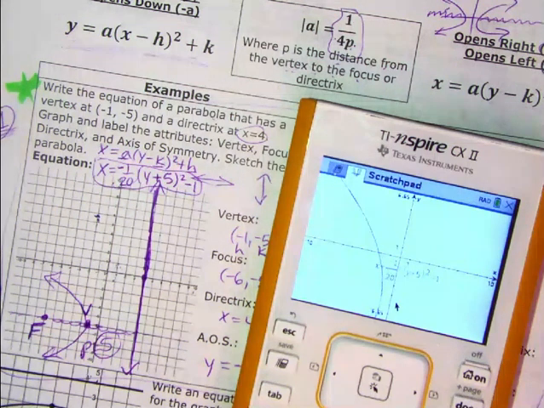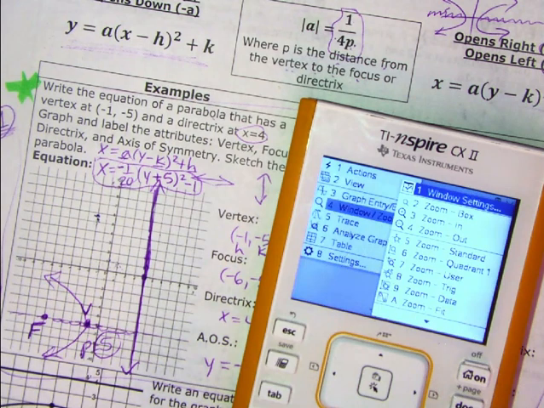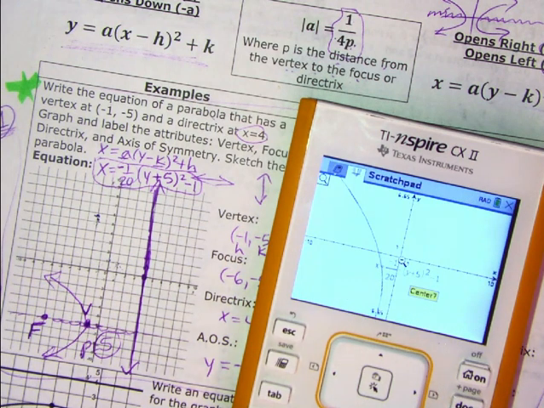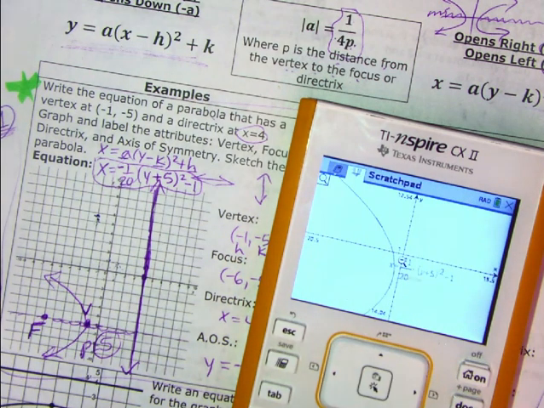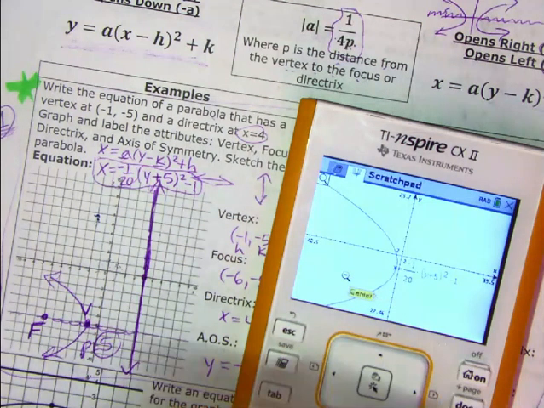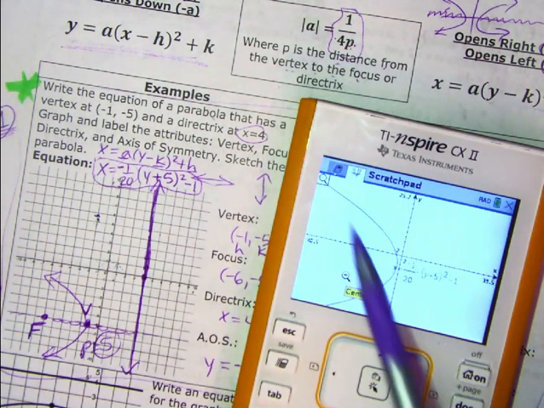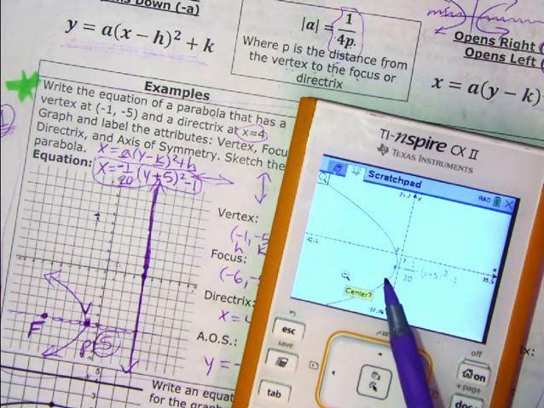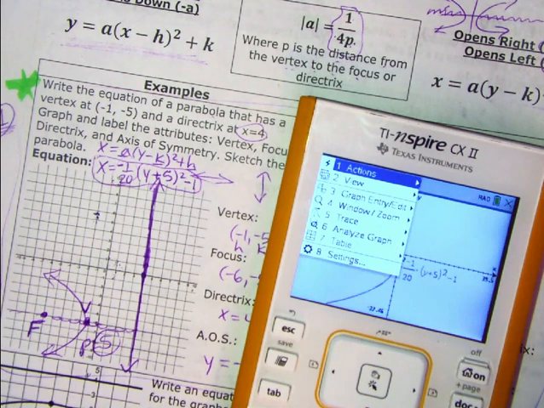And it creates that graph opening to the left. We can always zoom out and change the view if you want to see it differently. And that pretty much just confirms that it's sideways. If you want to confirm that it has a correct vertex, you can always trace it.